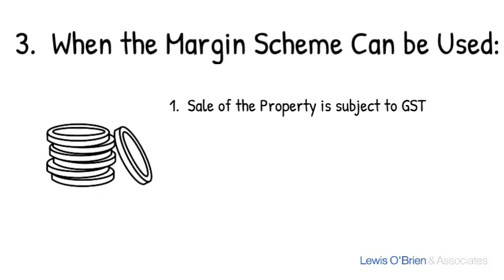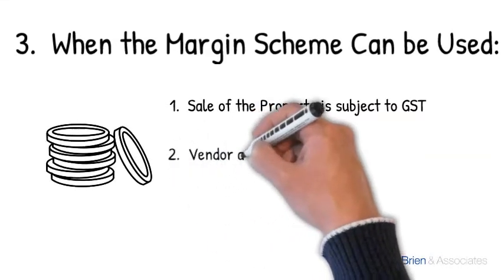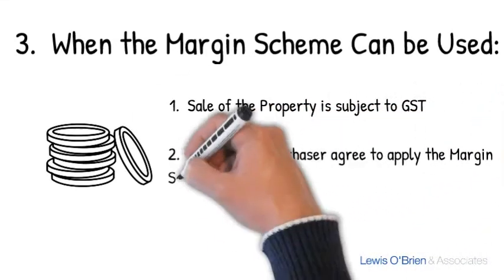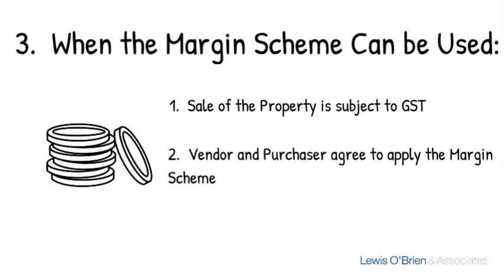So this isn't something that could be applied to the sale of an existing residential property in most circumstances. The second requirement is that both purchaser and vendor agree that the margin scheme will be applied. In practice, what this means is that the vendor prepares a contract and specifies that the margin scheme will be applied, and then the purchaser signs the contract and agrees to it.